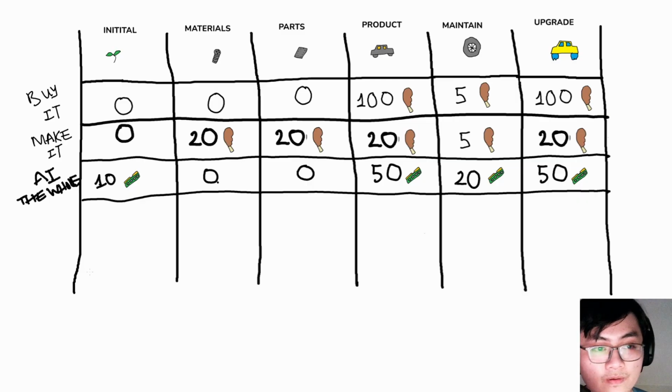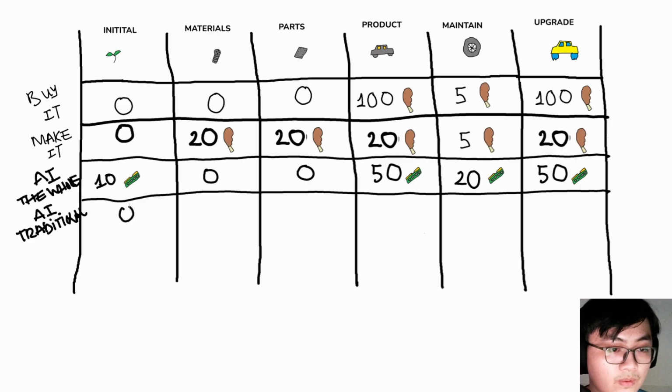Now for the next method, I think this is AI and traditional. In the traditional AI method, it might have zero cost for initial, since right now we use free AI to boost our productivity.